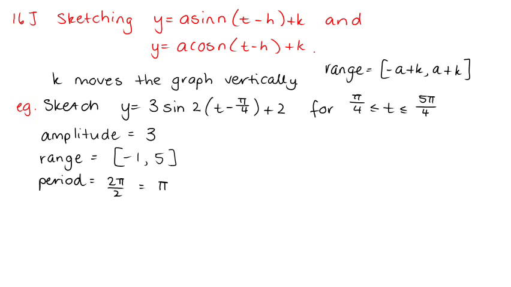Now we've got to solve for the y-intercept and the x-intercepts. Well, technically we don't need a y-intercept because we're starting from pi on 4, so we'll skip that. Let's find the x-intercepts. Or maybe if we sketch it first, it might make it a bit clearer. So we'll sketch it. Going from negative 1 to 5, so we'll draw it like this.